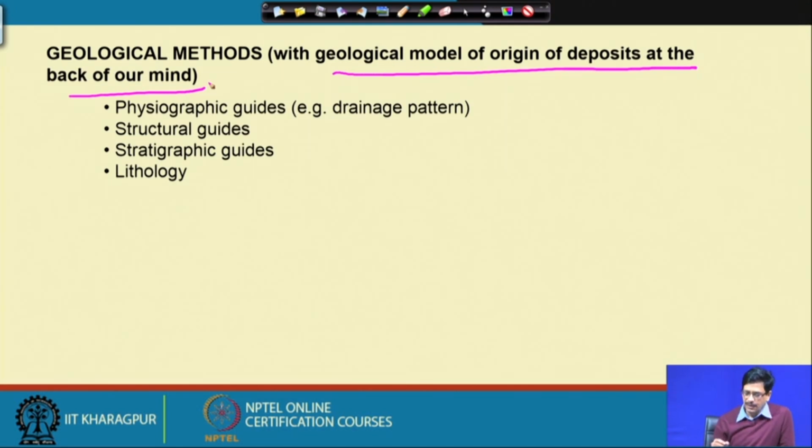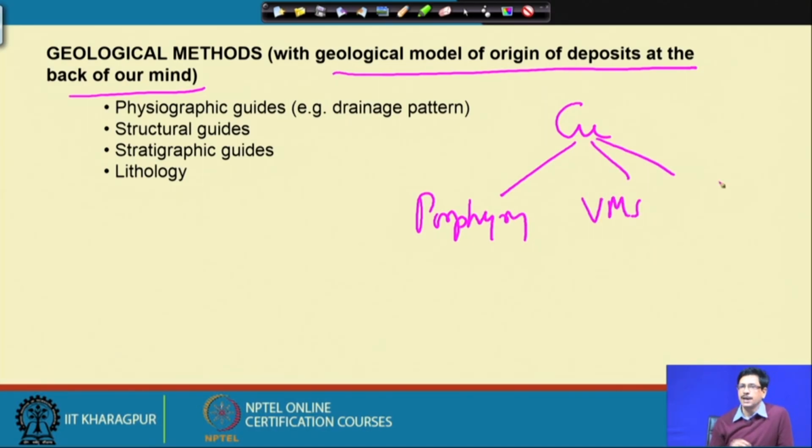For example, if we are looking for copper, we have to be very sure whether we are looking for a porphyry type deposit or a VMS type deposit or any other deposit, because the geological setting, the way geological processes evolved in any particular segment of the earth's crust or lithosphere, are different.